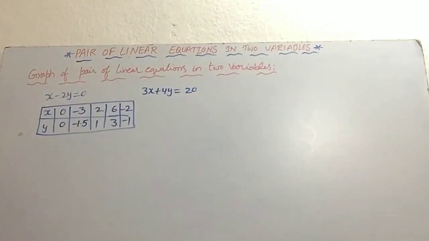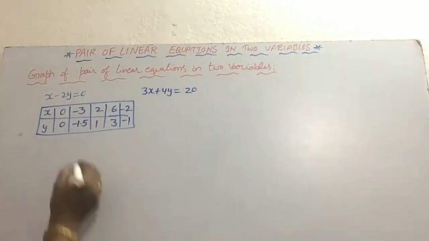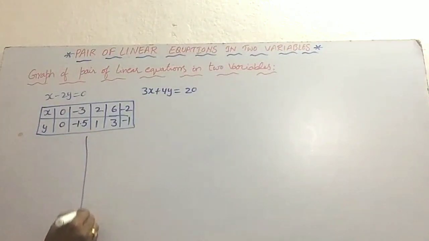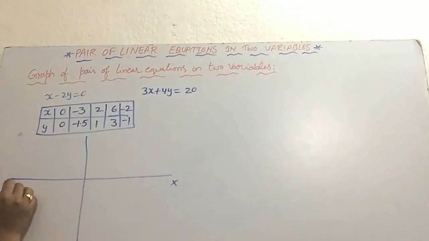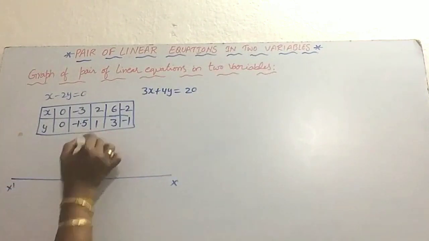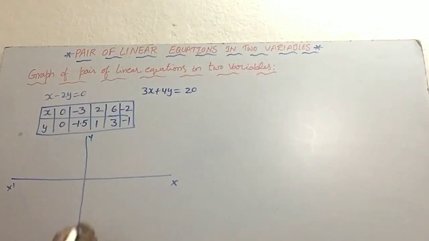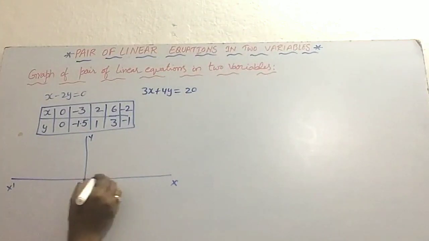So now I will draw the graph for these points. This is 0.